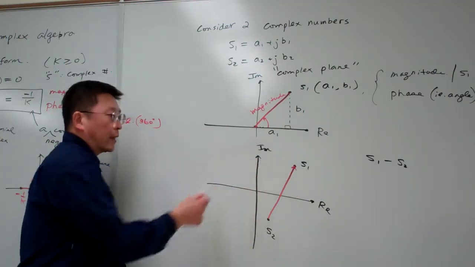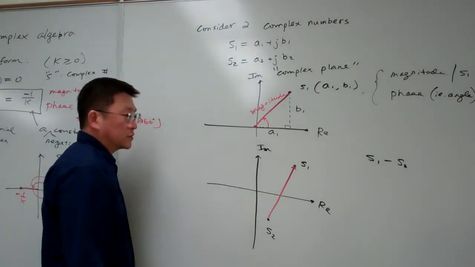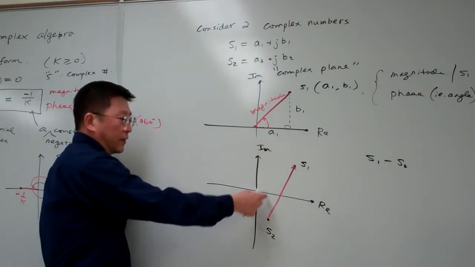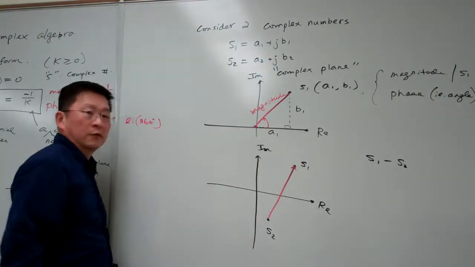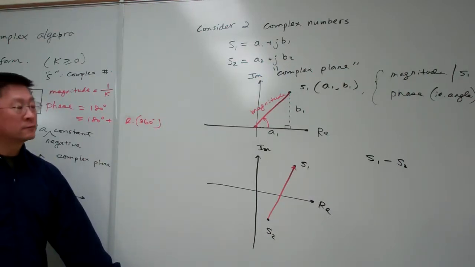Here I put the arrow to indicate that we are taking the difference, the subtraction S1 minus S2. On the other hand, if I say S2 minus S1, then you simply flip the arrow to the other direction. You good? Okay.